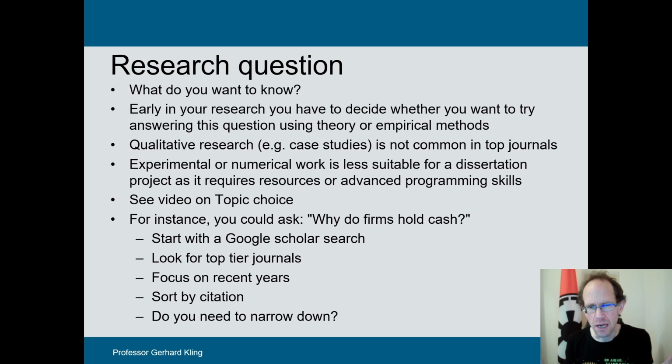And this is very common when you do research. You start with a broader idea and then you narrow down. So in a way, as an academic, you know more and more about less and less until you know absolutely everything about absolutely nothing. But that's the fate of an academic.